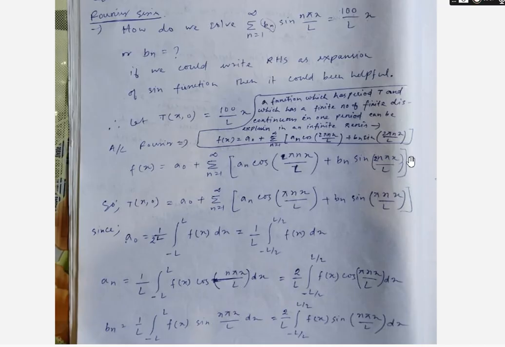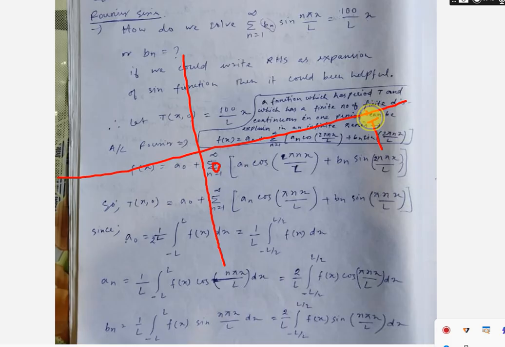So a function which has a period T and which has a finite number of finite discontinuities in one period. Let's say a function has period 0 to T. Let me show it. If this is a function, this is 0 and this will be T. A function is like this.